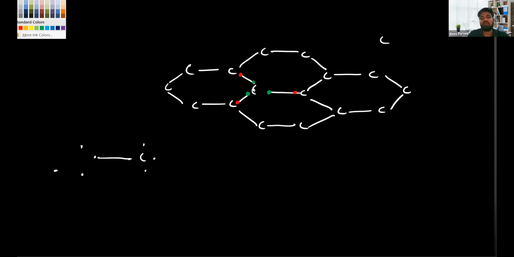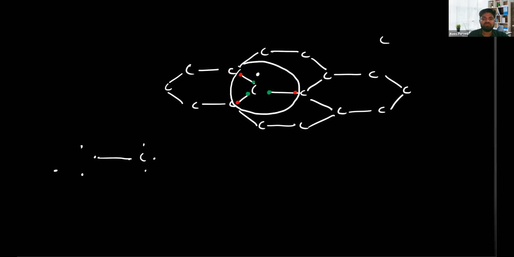Carbon has 4 electrons in its outermost shell, so one unbonded electron is also present here. This white color is unbonded, which is not participating in the bond. So will this carbon be stable with these 7 electrons? No: 1, 2, 3, 4, 5, 6, 7.